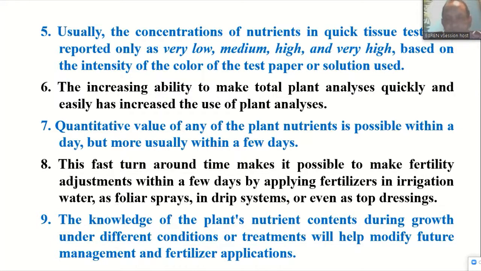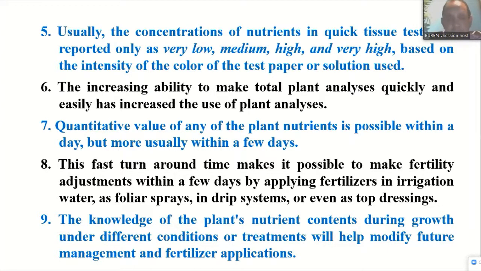However, among these points, quick tissue test is suitable to adjust or to correct some problems. For example, irrigation, or we can consider what kind of fertilization technique should be done.